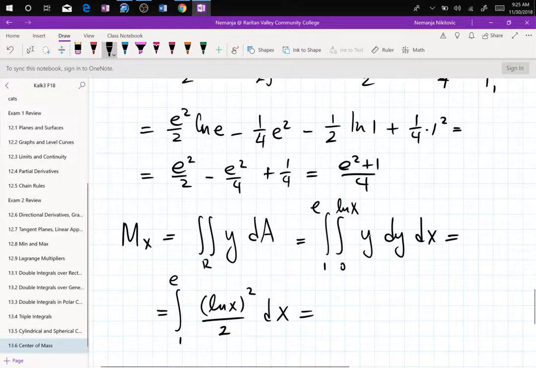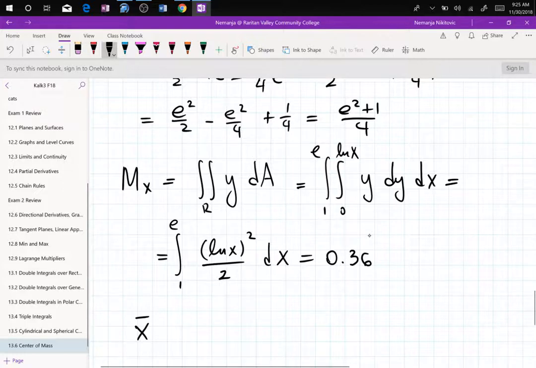Or you ask our friend Wolfram: integrate 0.5 open parenthesis ln x close parenthesis squared from 1 to e. Boom. And friend Wolfram will tell you 0.36. Great, thank you.